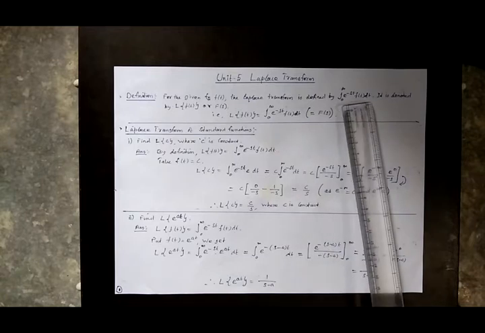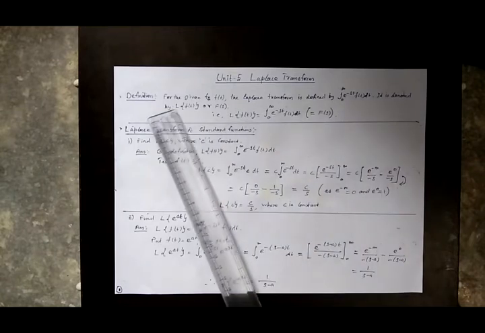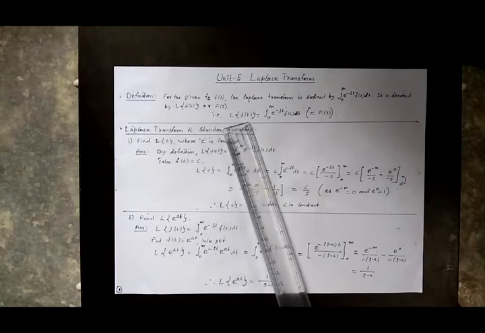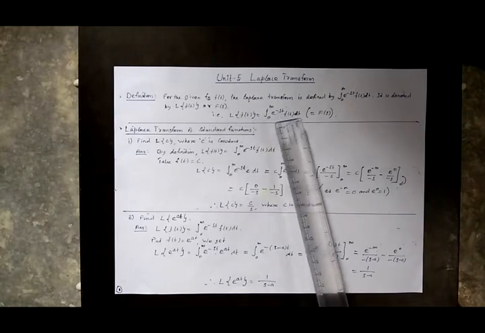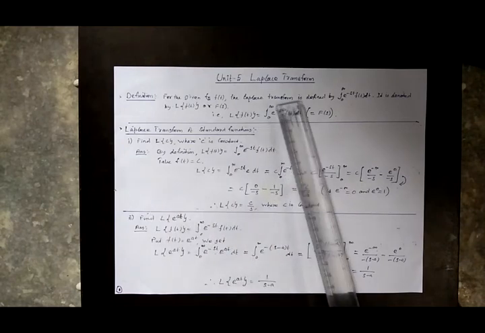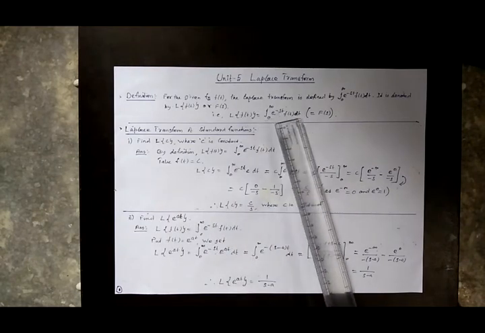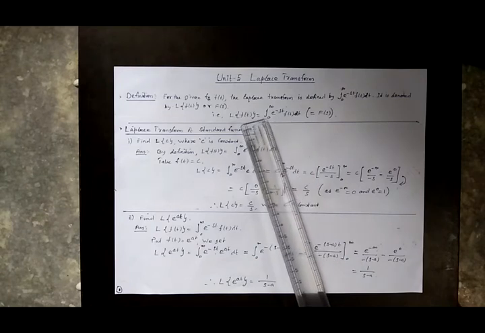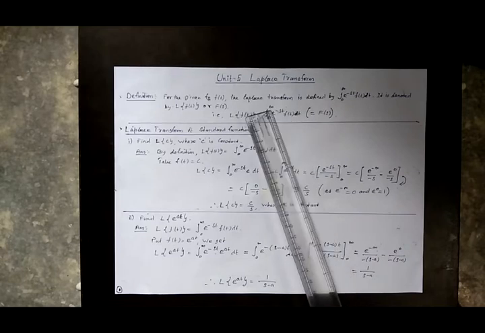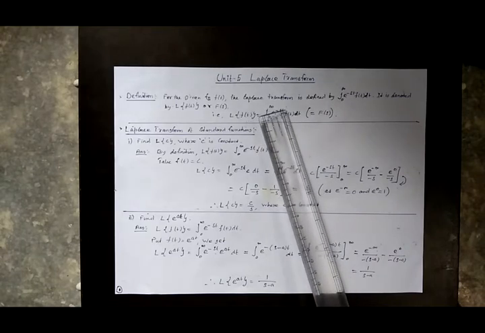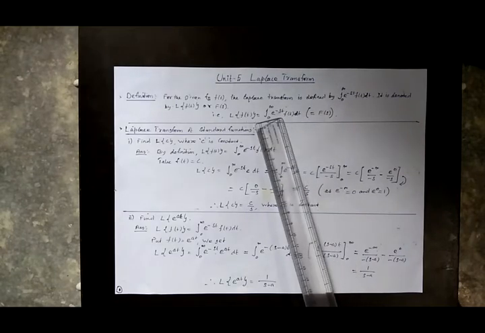The Laplace transform of f of t is denoted by L of f of t. That is, L of f of t equals the integral from 0 to infinity of e power minus st f of t dt. The integration is with respect to t. Therefore, the limits 0 and infinity are for t. After evaluating this integral, we will get a value in terms of s.